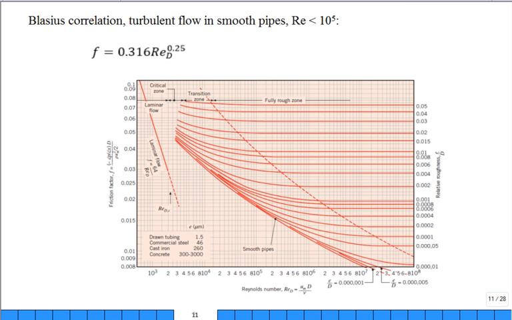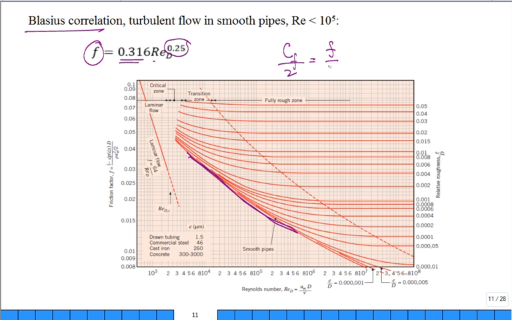Now, one thing is they will fit a lot of curves to smooth tube data. One of them, an old one, is the Blasius correlation. What's it look like? It looks like a constant times Reynolds to a power of 0.25. This was f, true? What was C sub f over 2 equal to?